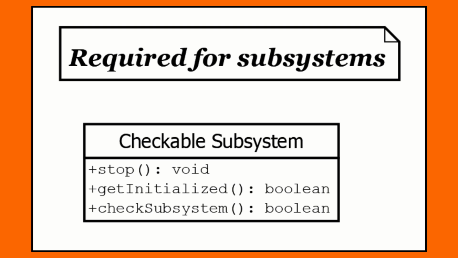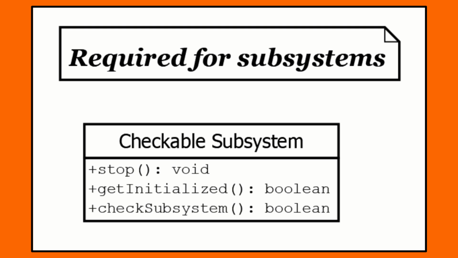Then we have the check subsystem method. And check subsystem is going to be run during teleop, and it's going to just check all the different variables and motors and sensors as a sort of sanity check to make sure that they are in an acceptable range. So if you have a flywheel mechanism, you probably want to check, all right, is that within a reasonable RPM?